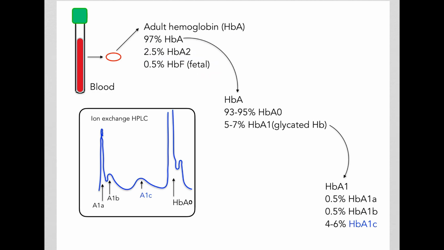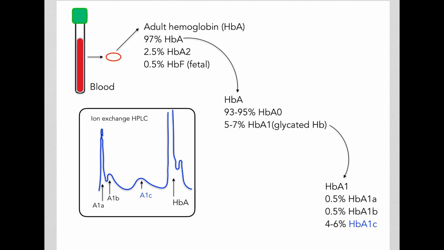Now we can separate these different types of hemoglobins by many different techniques. One of the most powerful techniques is what's called ion exchange high performance liquid chromatography, or ion exchange HPLC.